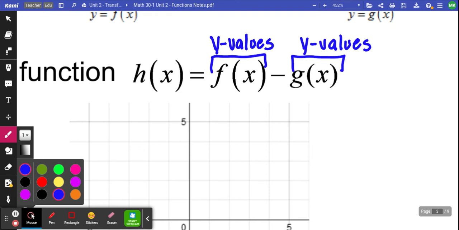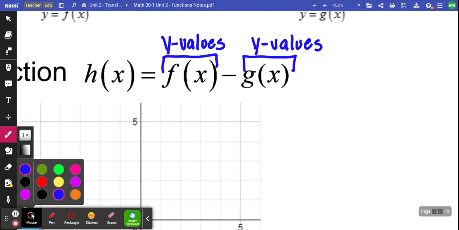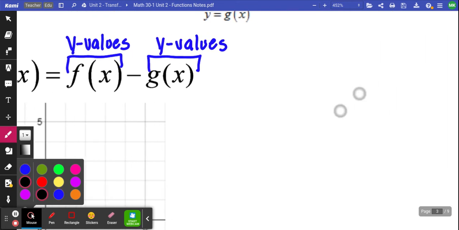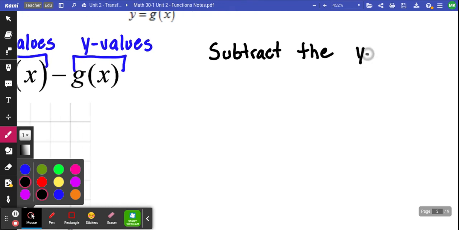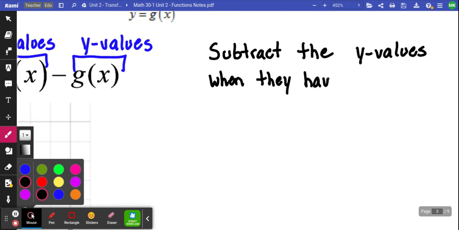When you do that, you're going to subtract the y values when they have the same x values.